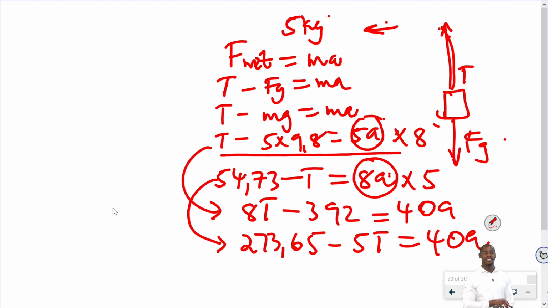So you can see that both equations equal 40a, right? So I can just equate the two, or subtract equation 1 from equation 2. So it's up to you.